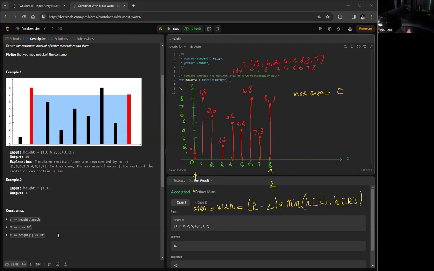So let's try that. Currently this is where we are, so the maximum area we can get is this part right here, which is 8 multiplied by 1 because we picked the minimum height.